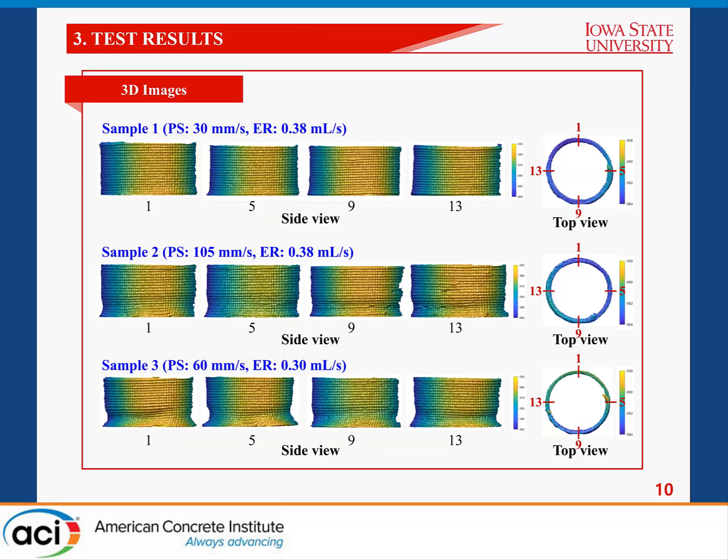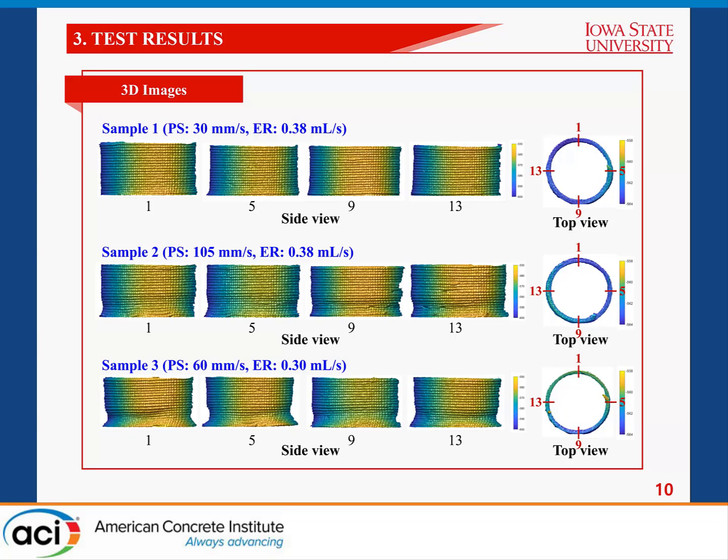And here are the 3D reconstructed images of the samples using the 3D SLSS. The color differences represent the distance from the surface of the object to the equipment. For example, the yellow color represents the closest distance from the object to the tool, and the blue color means the farthest distance from the object to the 3D SLSS.